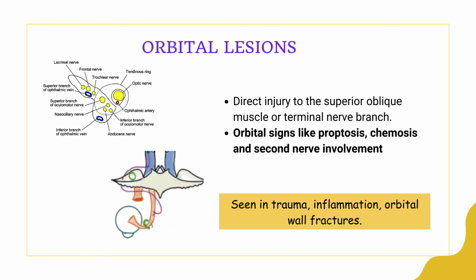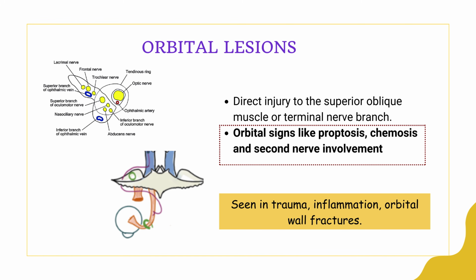Therefore, patients with orbital fourth nerve palsy or lesions at the orbital apex will present with additional orbital signs, including proptosis. This is because of the mass effect: something behind the globe is pushing the globe forward, leading to proptosis, chemosis because of venous congestion, periorbital or orbital edema, pain, especially with eye movements, visual impairment because the optic nerve is getting compressed, and restriction of eye movements in multiple directions.